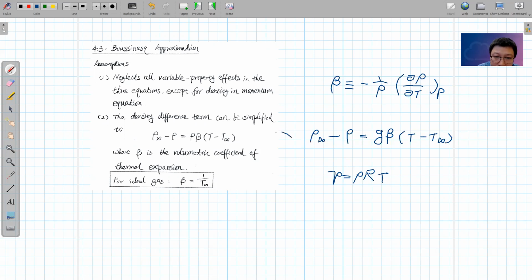So this was wrong here, and this is the correct one. All right, so substitute this equation for rho infinity minus rho back into the momentum equation we had before.